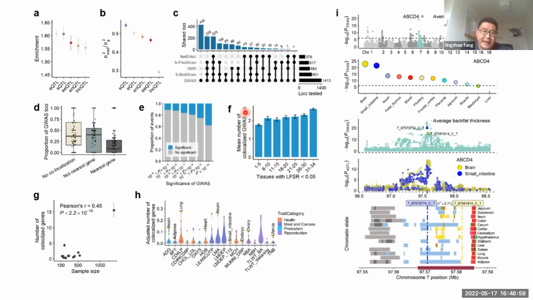This is just the average across all 268 complex traits, which include different kinds of complex traits, so almost all tissues are involved. And as expected, if the eQTLs are more likely to be shared across tissues, they have more co-localization events with GWAS.